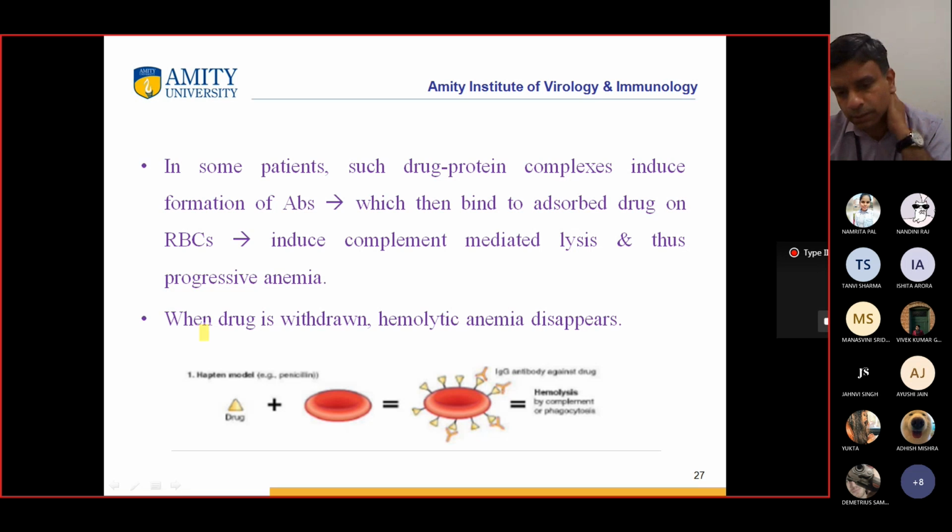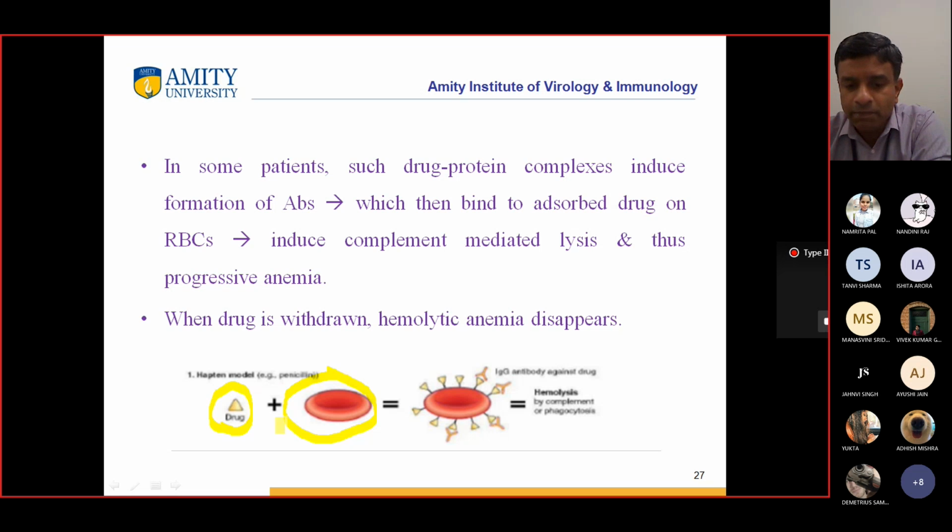You can see here, this is your drug, so no reaction to the drug. If you take the drug, the immune response will not generate. Now this is your own RBC, and again, our system will not generate antibodies against us.